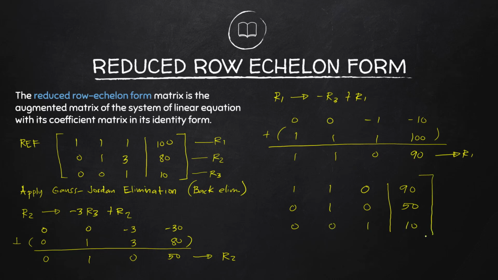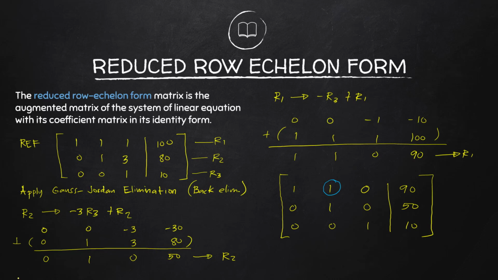If you notice, we are getting close to our goal, which is to transform the REF into RREF. All the values above these leading entries are 0. Below this is 0. You only need to transform this value. And below this is 0. So, we only need to transform this value.